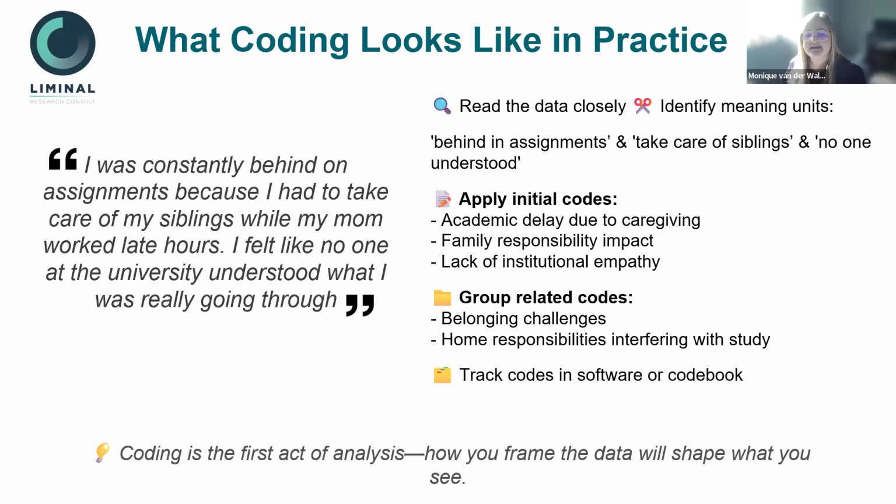But very importantly, note that you keep track of the codes. I can highly recommend using software such as Atlas.ti or NVivo, or making sure that as you go through this process, you keep a journal of what your codebook looks like. I have a code. Why do I have this code? How does it relate to this context?